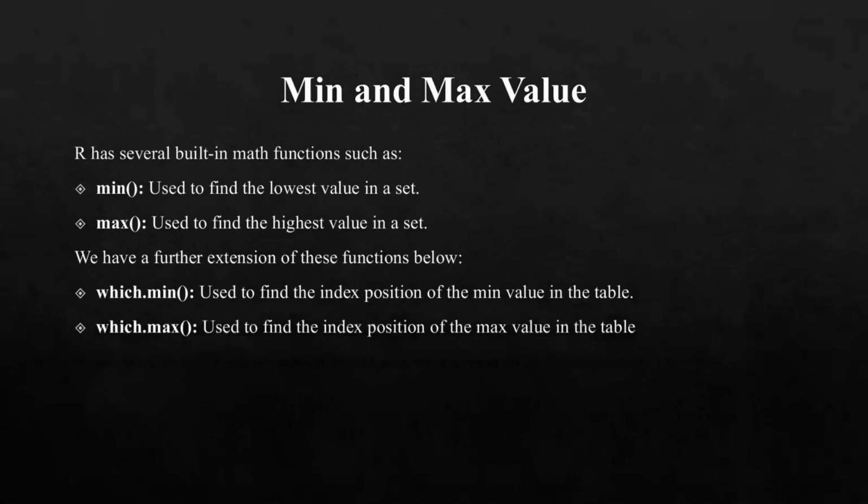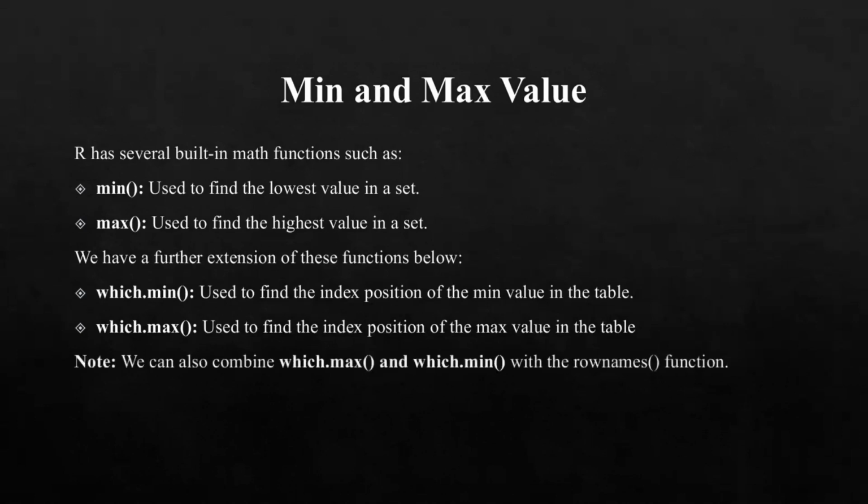Then we have the which.max function, which is used to find the index position of the maximum value in the table. Note, we can also combine the which.max and which.min functions with the row.names function. Let's move to RStudio to see how it works.